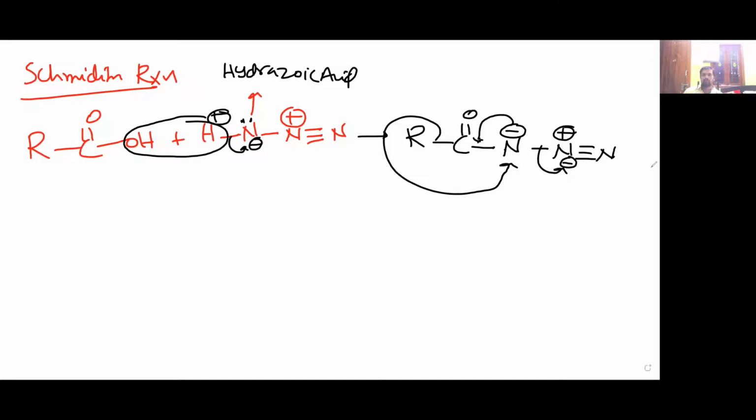N2 gas is eliminated. Okay. Then please keep remember, very simple. Here nitrogen is negative charge because nitrogen has only 2 bonds. So once again, R COOH.